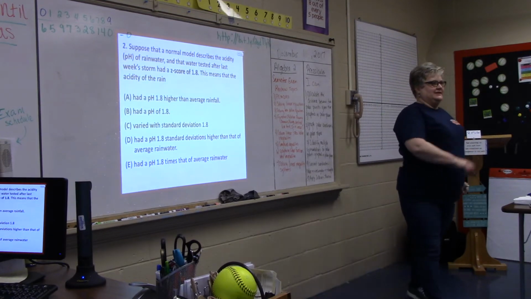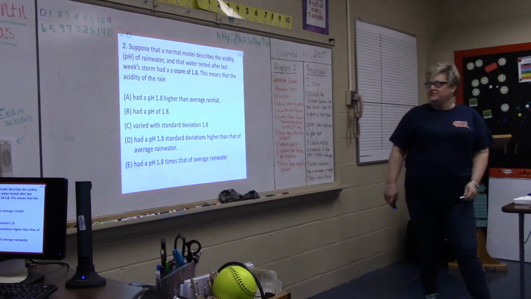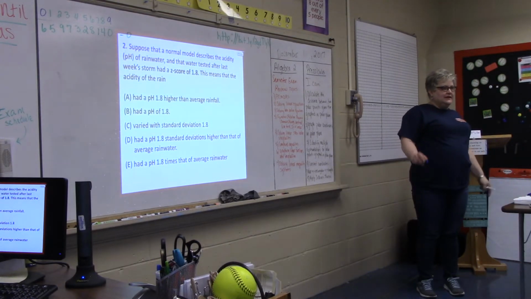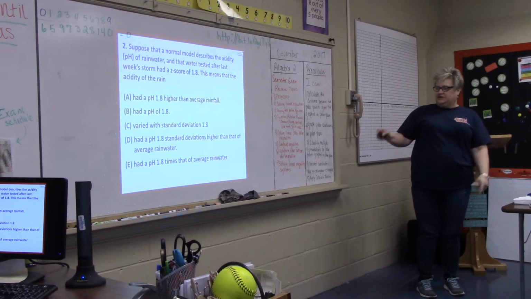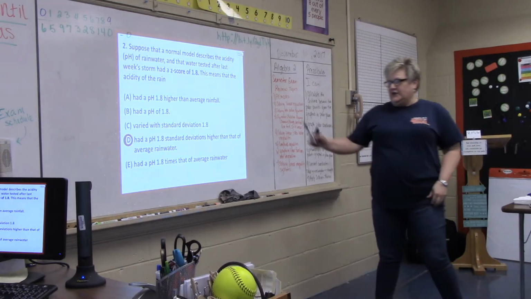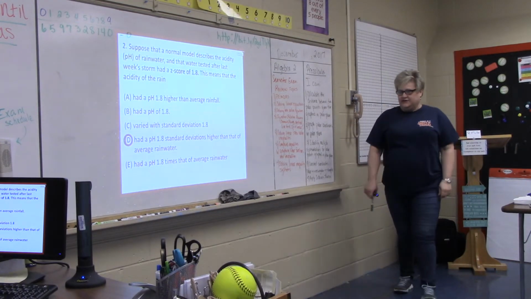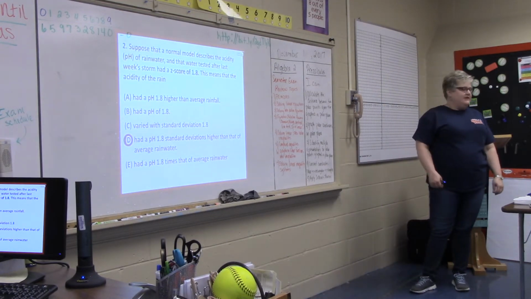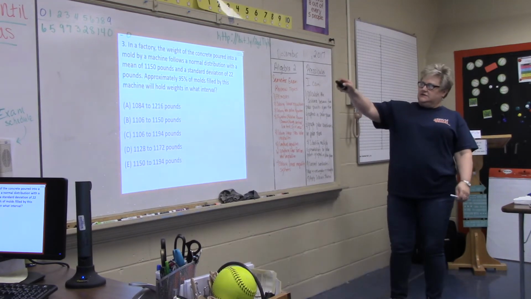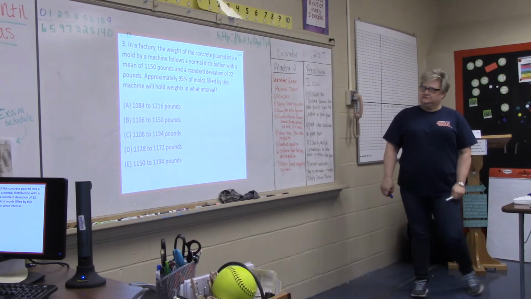What do you think? I got D. Anybody else get D? Got a couple more D's here. D is correct. You are correct. You had a pH of 1.8 standard deviations higher than that of average rainwater. Yes.